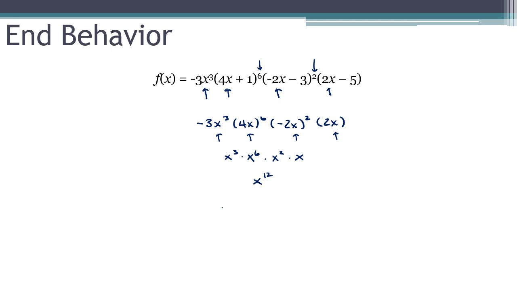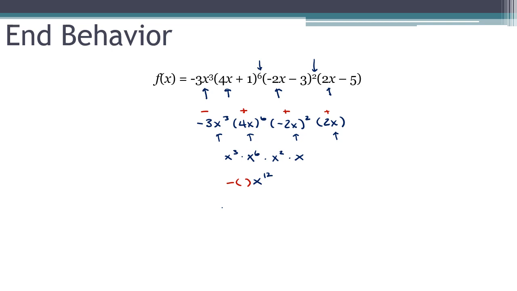This one will stay negative. Positive 4 to the 6th power is positive. Negative 2 to the 2nd power is positive. And this 2 to the first stays positive. So in the end, my coefficient is going to be a negative number. I don't need to know what the number is. All I need to know is that it's negative.